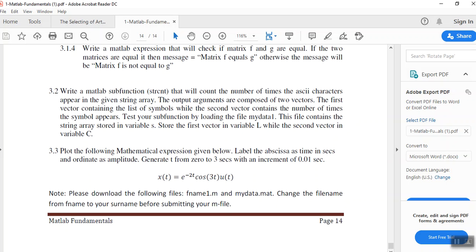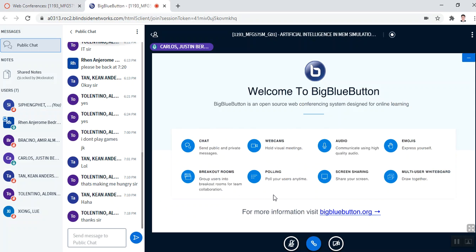It said that to test your subfunction, you test it by loading the file mydata1, which contains the string array stored in variable s. I haven't uploaded the mydata1 file, I think. Apparently they haven't given it to me, so I'm going to ask them again and get back to you.